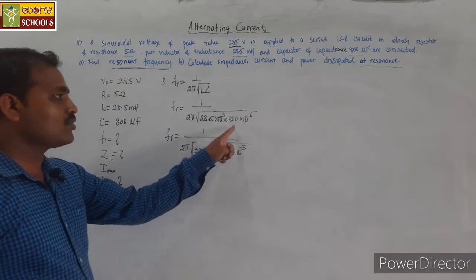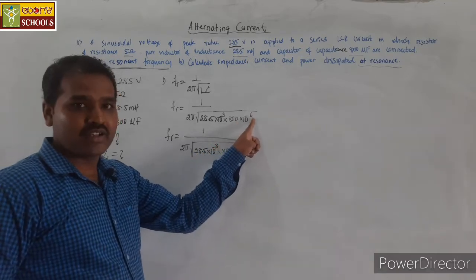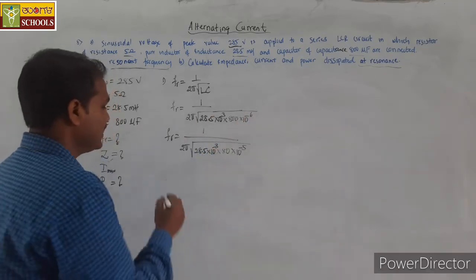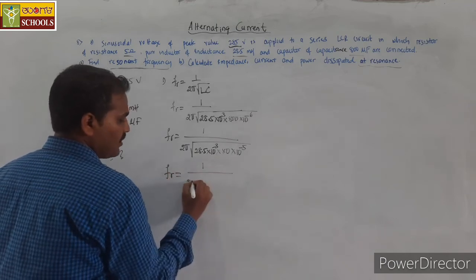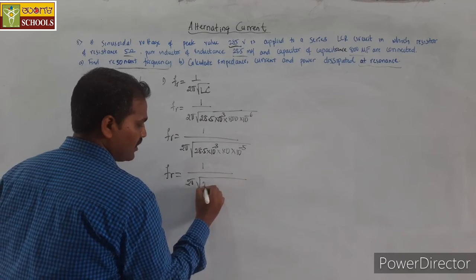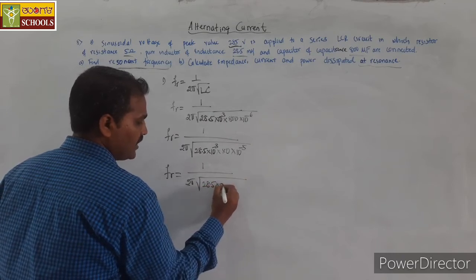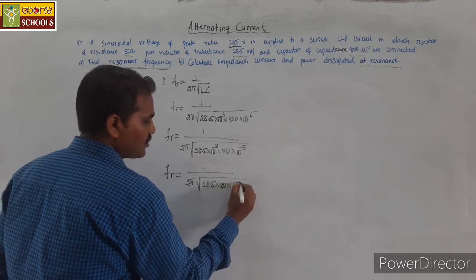Here I reduced one 0, here I reduced one negative power. This I write as FR is equal to 1 divided by 2 pi square root of 28.5 into 80 into 10 raised to minus 8.